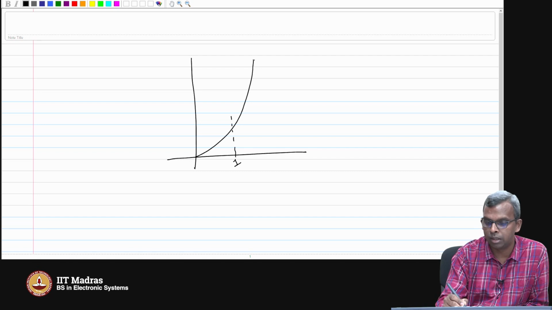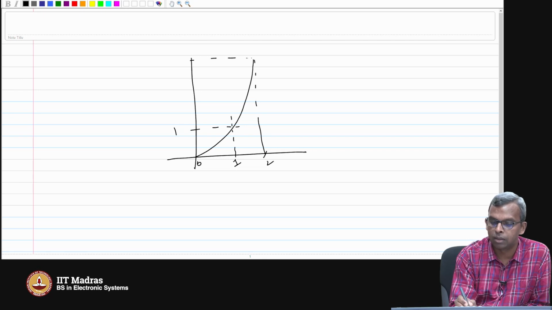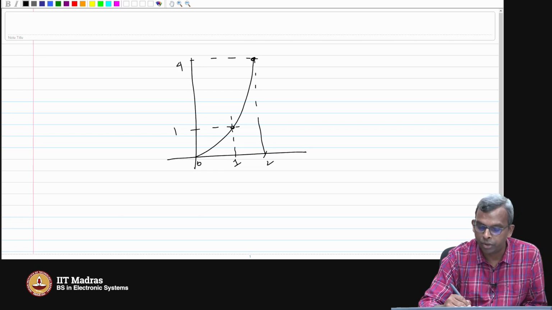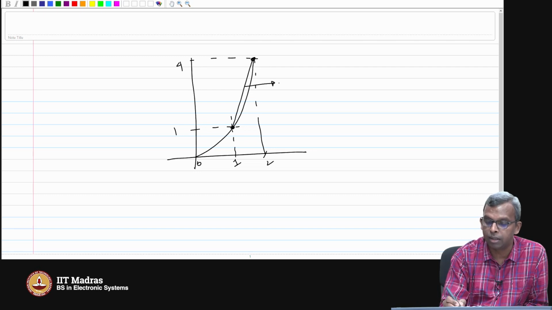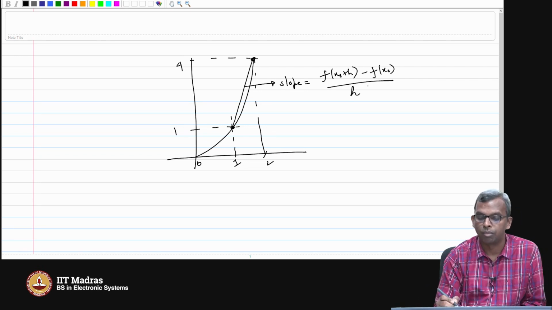I have 1 here, 2 here, 0 here, this is 1 and this is 4. So I have 1 comma 1 and 2 comma 4, and I draw a straight line between them. The slope of this straight line is f of x naught plus h minus f of x naught divided by h.